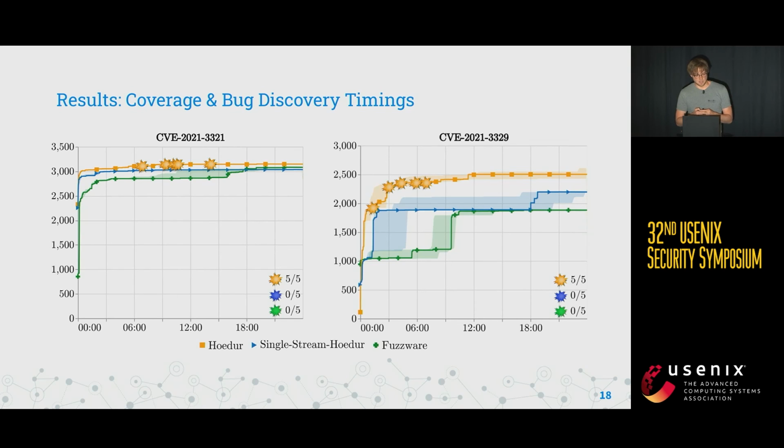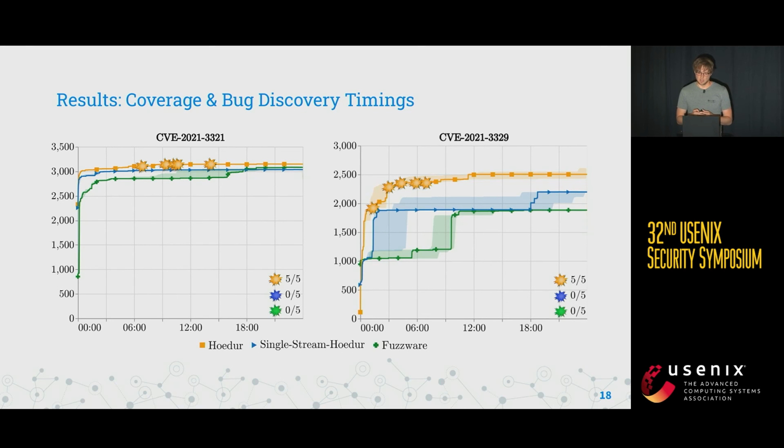The reason for this, at least in a 24-hour time frame, and it depends on the target, is that in the first example we need to create fragments of packets, and when these fragments get reassembled, there is an issue with offsets in the calculations, and then you have an out-of-bounds write, for example. This requires the fuzzer to first create and then maintain the structure of multiple fragments, and this is very hard to achieve for these flat binary inputs.